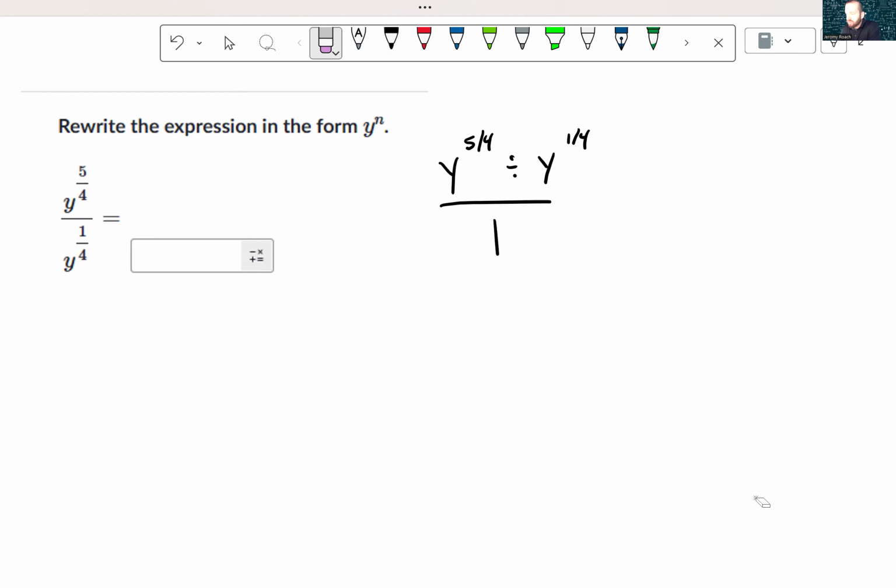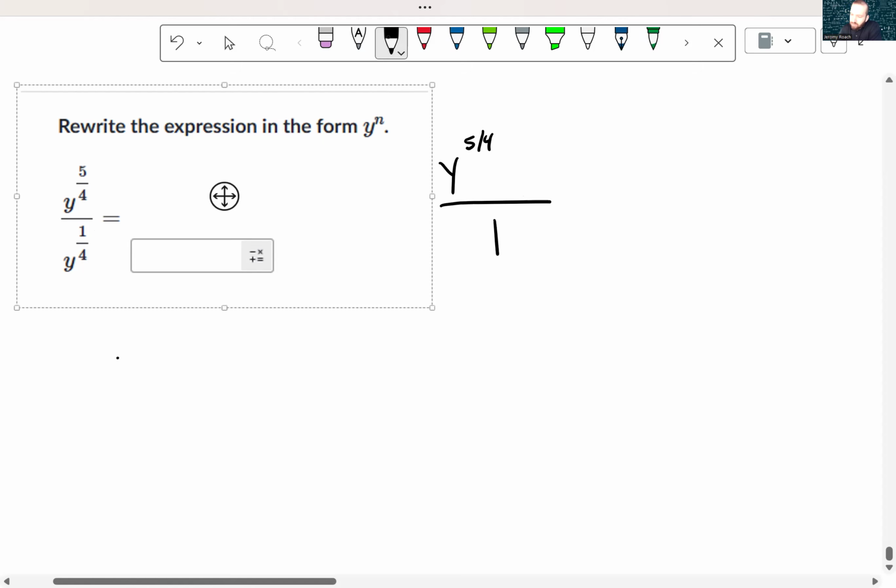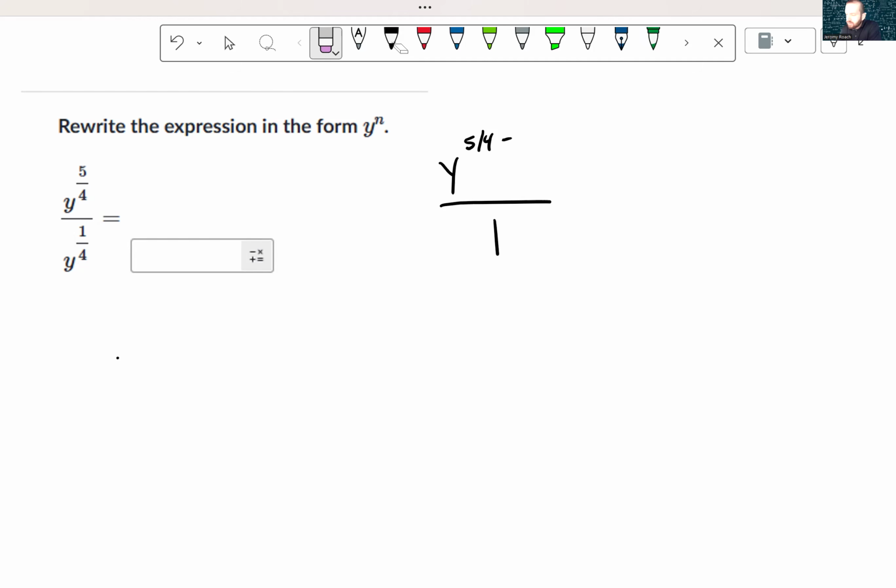Because we're dividing, we're subtracting, or you can think of this 1/4 as we're bringing it over the line and we're changing its sign. So this is minus 1/4. And this equals y to the 4/4 over 1, which equals y to the 1, which equals just y.